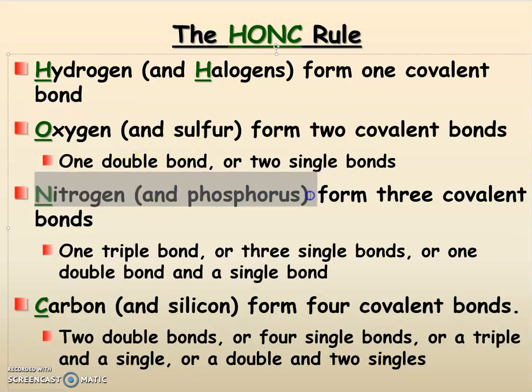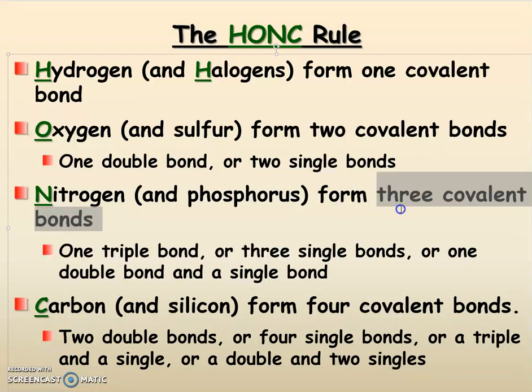Nitrogen and phosphorus are in the same group, group 15. They have 5 valence electrons, which means they need 3 more to be stable, so they can form up to 3 covalent bonds. The format depends on what it's bonding with. It can be a triple bond, 3 single bonds, or a double and a single, but the point is it needs 3.